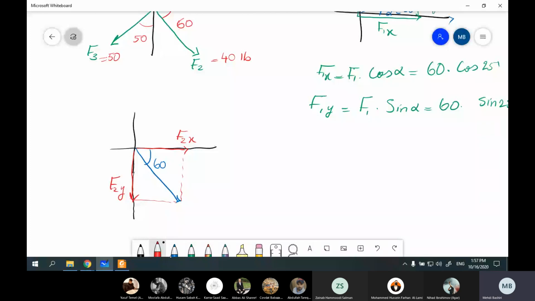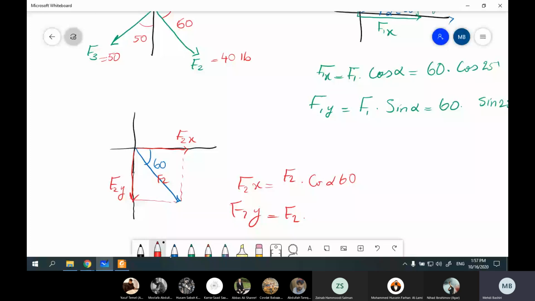F2x is equal to F2, this is F2, dot what? Near, cosine of 60, and F2y is F2 dot what?